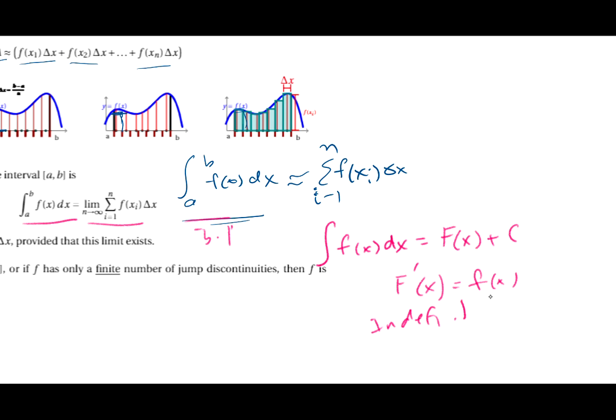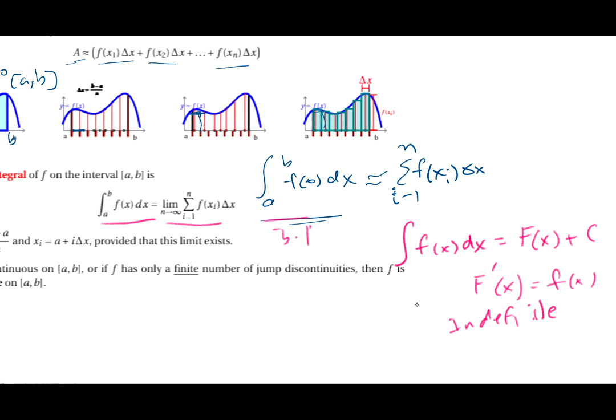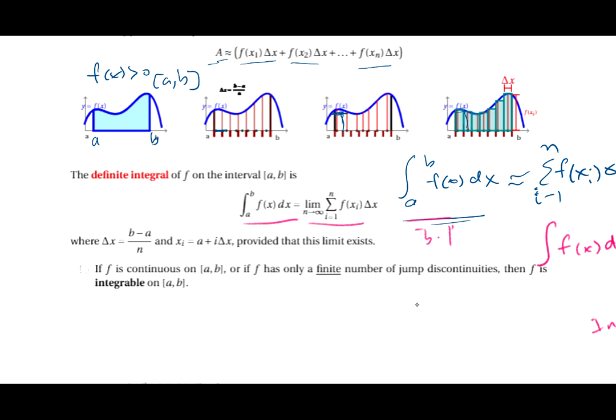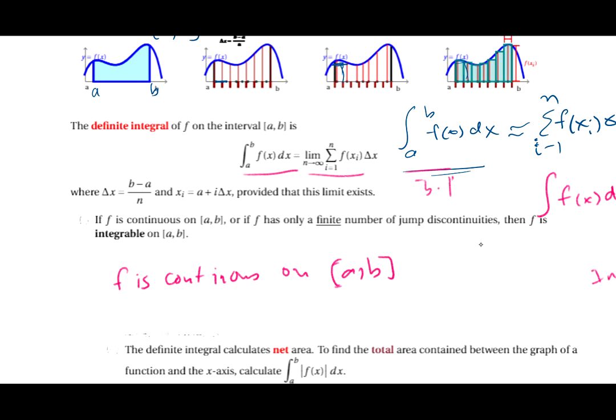You might wonder why these two have the same name, and the reason is that you actually can use the antiderivatives to find the definite integrals. And that is the fundamental theorem of calculus part 1. So what does it say? It says if f is continuous on the closed interval a to b, then you can use that antiderivative.